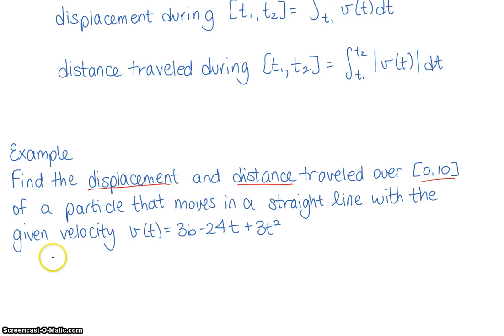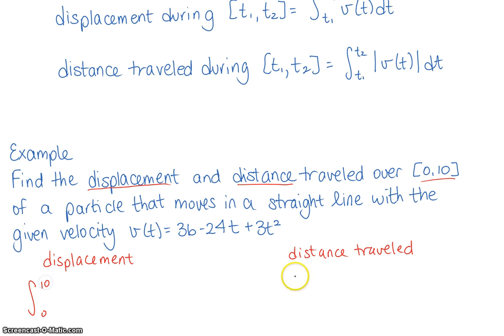So if we look at our displacement versus our distance traveled, we have to set up both of our integrals from 0 to 10, because that's our interval that we're working with. They give us the velocity function, so 36 minus 24t plus 3t squared, whereas distance traveled is going to be the absolute value of this.